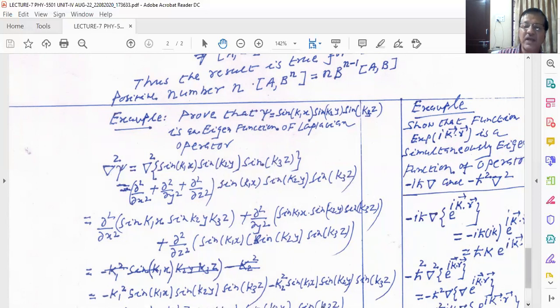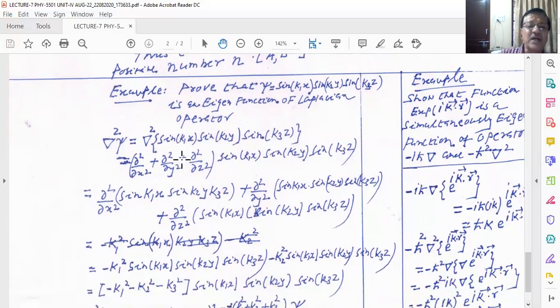Now del square is a Laplacian, so it is del square by del x square plus del square by del y square plus del square by del z square operating on sine k1 of x, sine k2 of y, sine k3 of z. Now you can write down the separate equation, because this is the complete operator and it is operating on the operand.